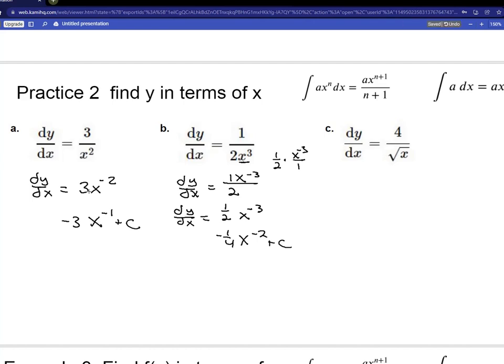All right, so what's different about this one? This one has a square root. So what am I going to do with that one? It's going to have the power of 1/2, so you'll just bring it up again and you get the power of -1/2.